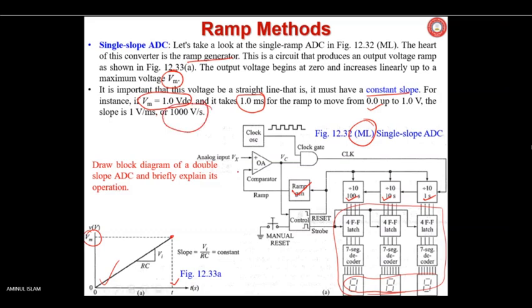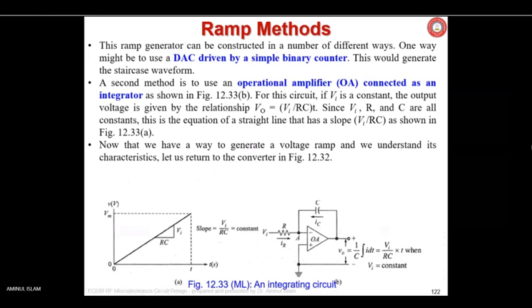This ramp generator can be constructed in a number of different ways. One way might be to use a DAC driven by a simple binary counter. This would generate a staircase output waveform.